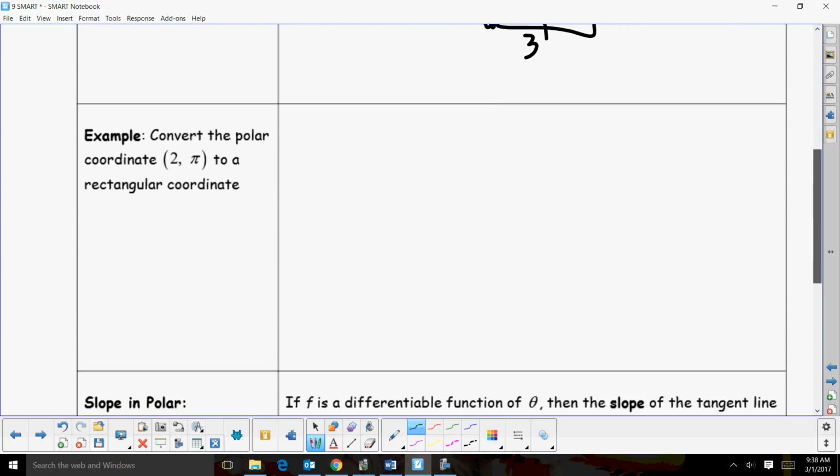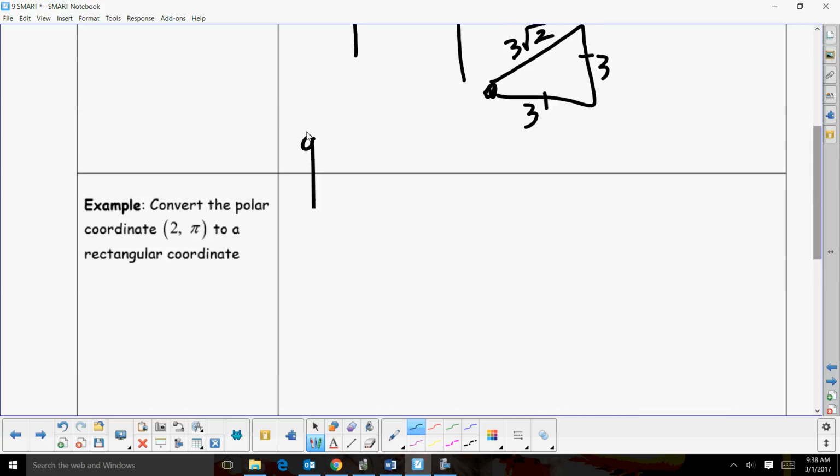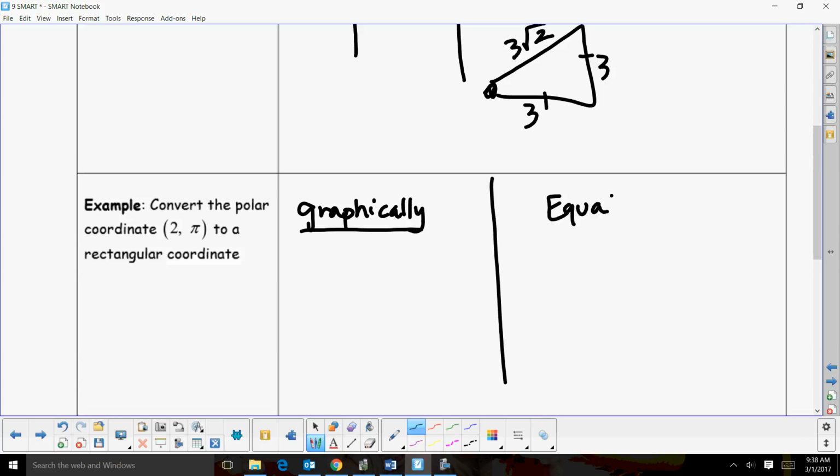So let's say that I wanted to convert this coordinate to a rectangular coordinate. There's two ways we could do that. We could do it graphically, or we could do it with our equations. Equations would be for when it's not on a quadrantal. If it's on a quadrantal, then graphically is easier.